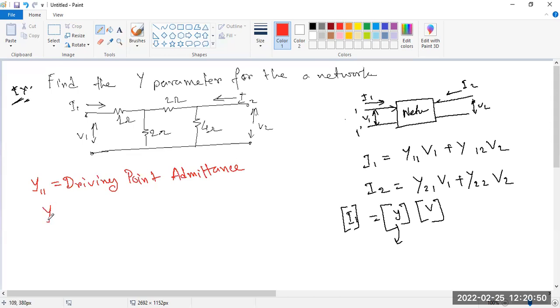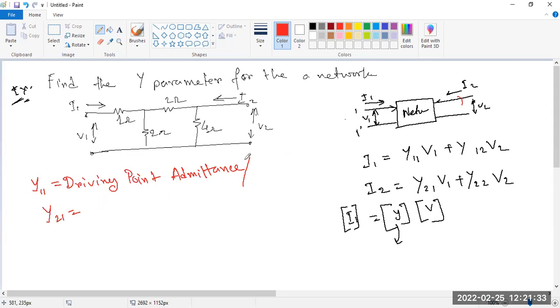Whenever we make the output port short, we get these two parameters. Every time we have to make one port short, that's why it is called short circuit, and this is the input, that's why it is called the input admittance.